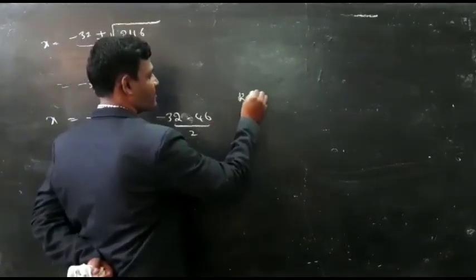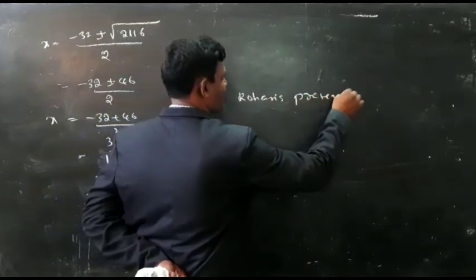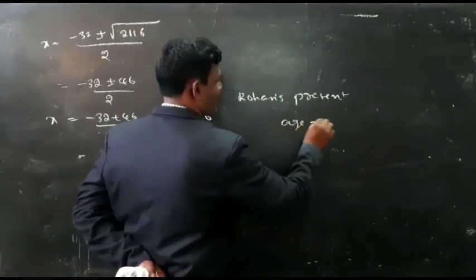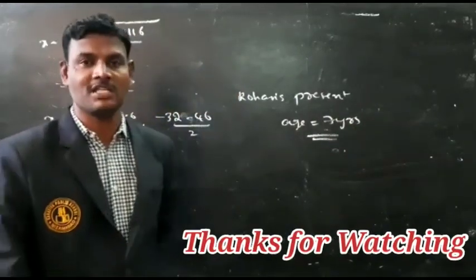The other root, minus 78 by 2, is negative, so it is rejected because age cannot be negative. Rohan's present age is equal to 7 years. So what is Rohan's present age here? 7 years.